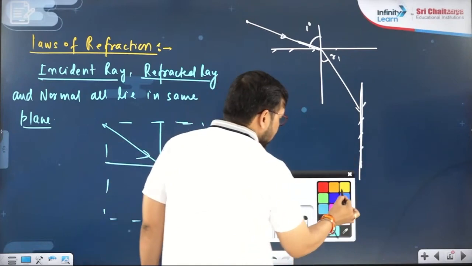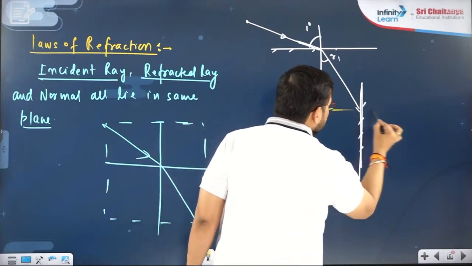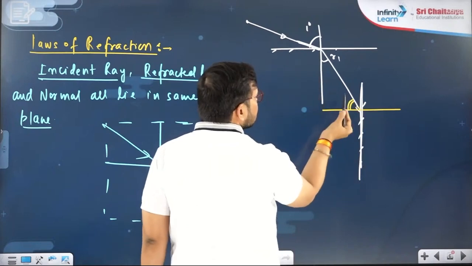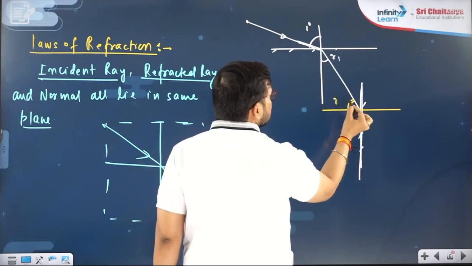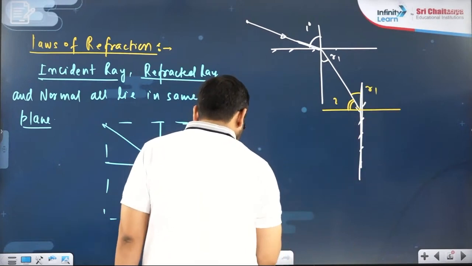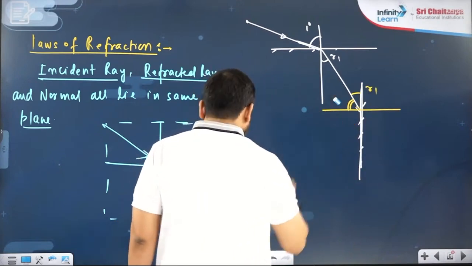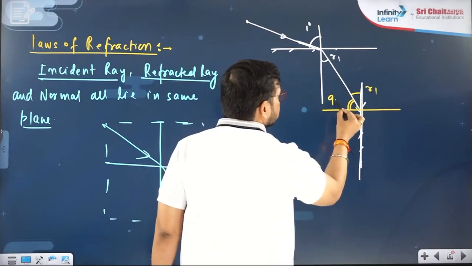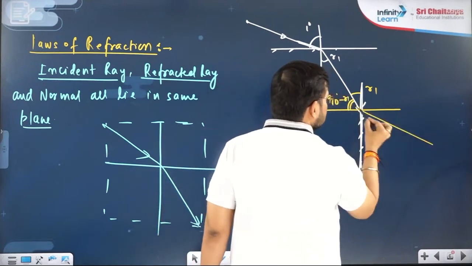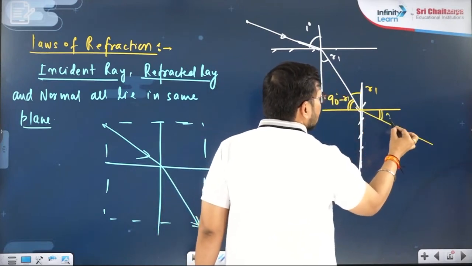In this vertical interface, if I draw the normal, this will be the incidence angle. Obviously this is R1, so that is 90 minus R1. Then it is refracted, and the angle with the normal is R2.